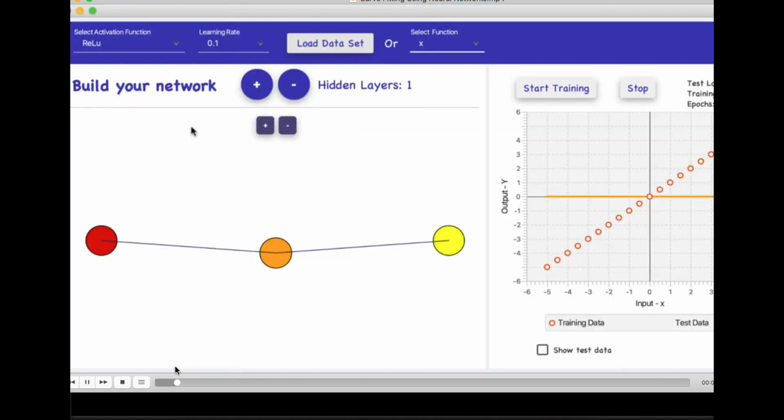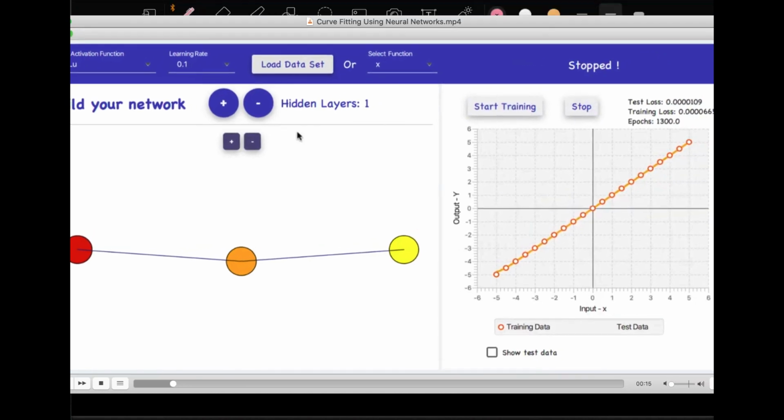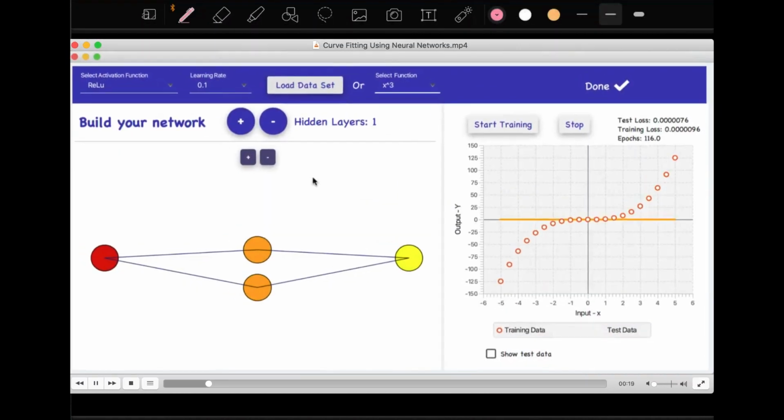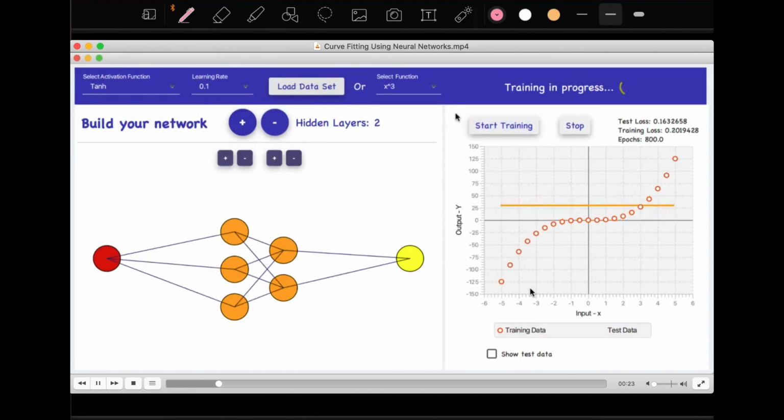I found this recently. By seeing this you can easily understand what I am saying in terms of universal approximator. You see the data set is something like an exponential data set, but how easily the neural network is fitting this data set.